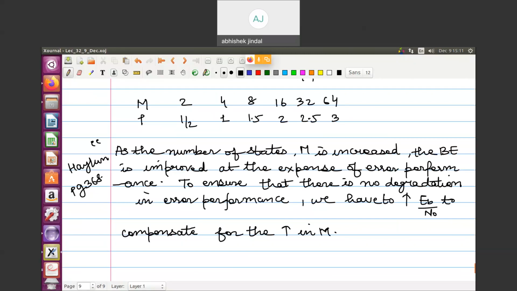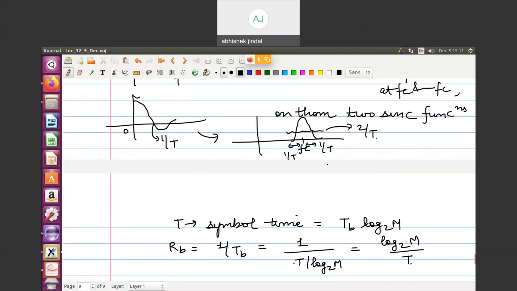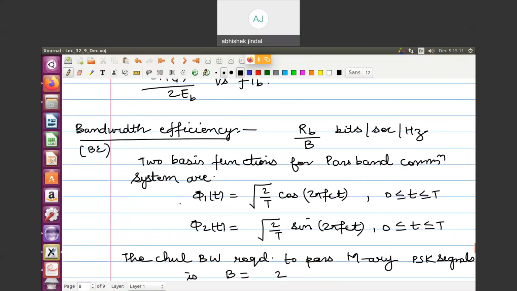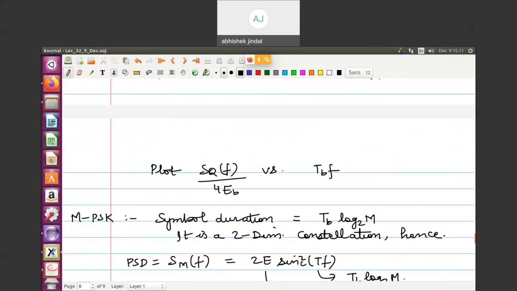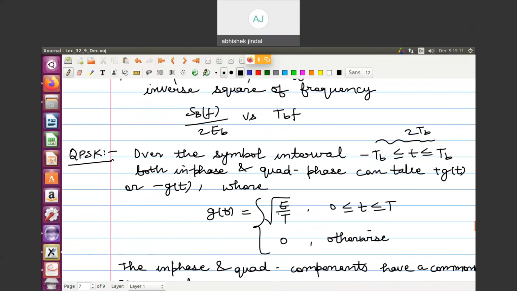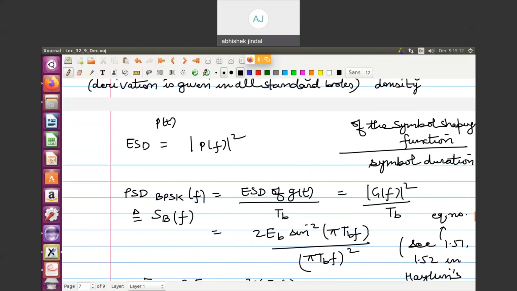Now there is one important thing which is missed. We took a different route to talk about this bandwidth efficiency. We took the route of the basis functions, but while defining this PSD, we have not gone to the approach of passband communication. Here we are more or less studying the two systems, QPSK and BPSK, without the carrier being involved. We are studying it from the perspective of g of t mostly.